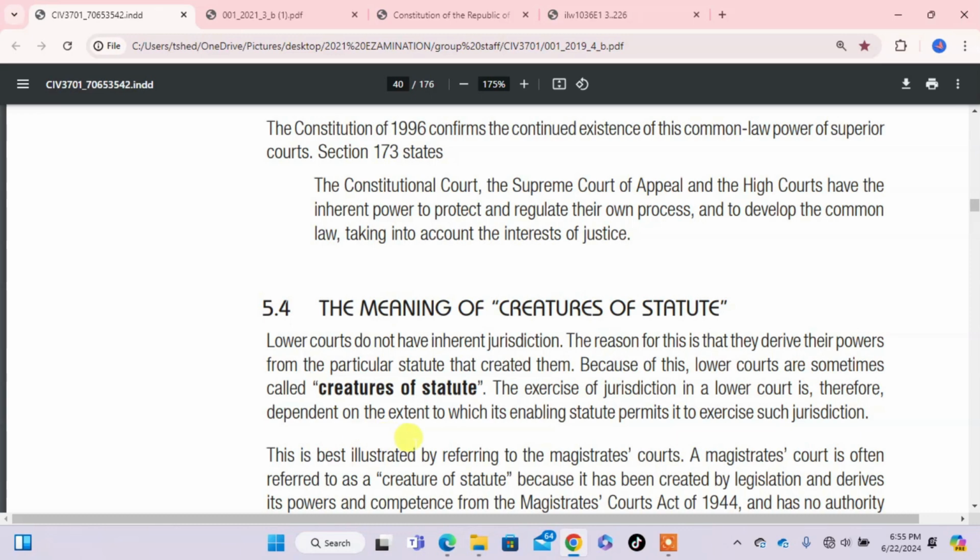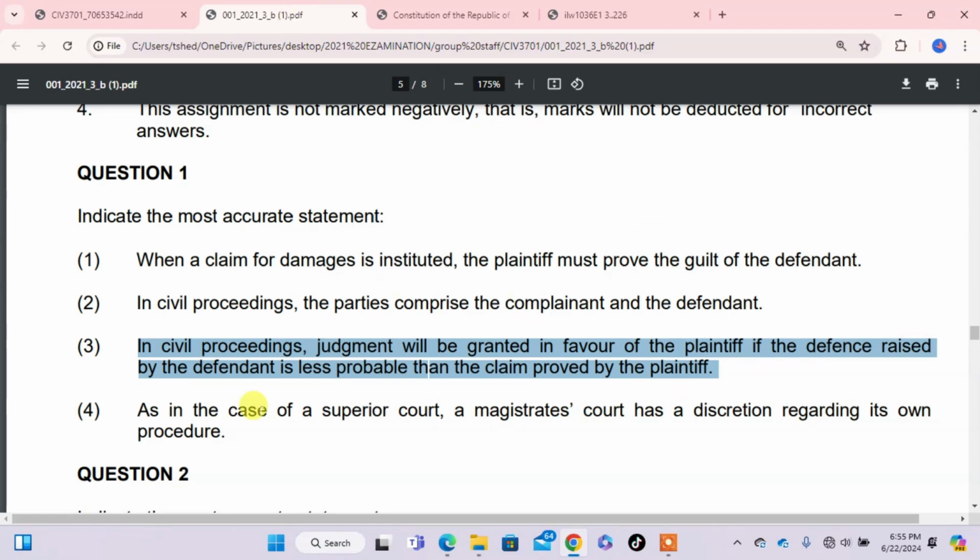They depend entirely on the Magistrate Courts Act of 1944, right? And they do not act outside the scope of that Act. So we have proved that. Now we have to prove number 3.